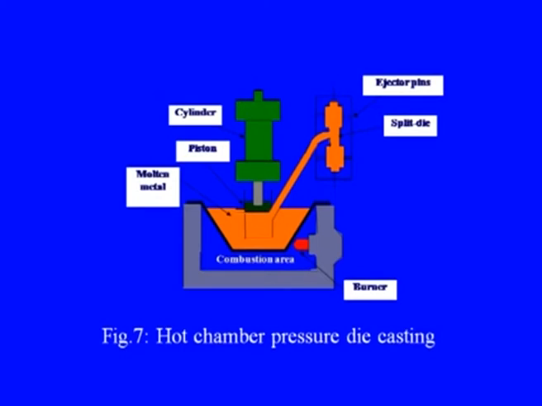The mold is made of metallic material and is also termed a die. It is made in split form so that the casting can be easily moved out by ejector pins, as shown in figure 7.